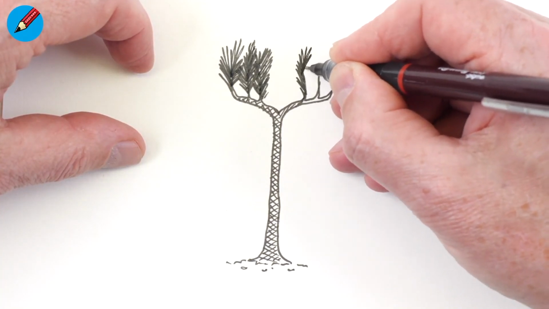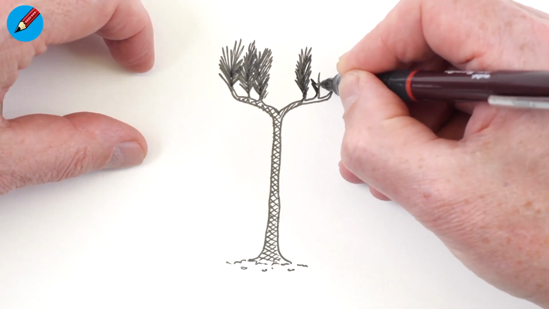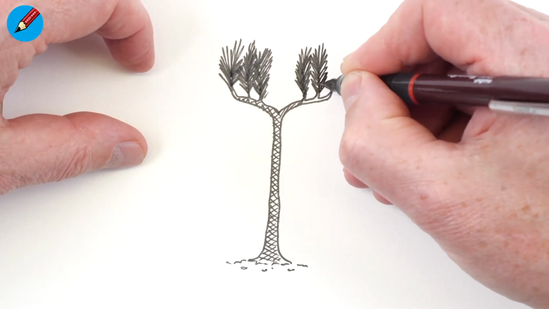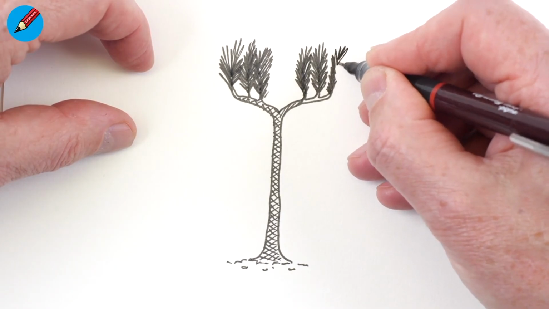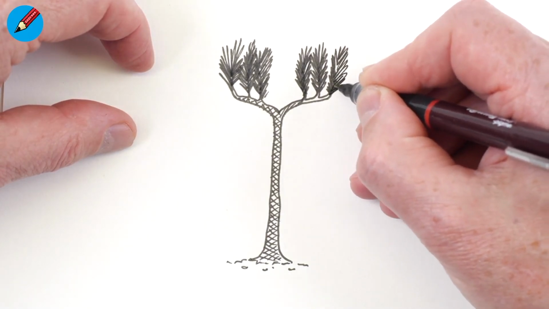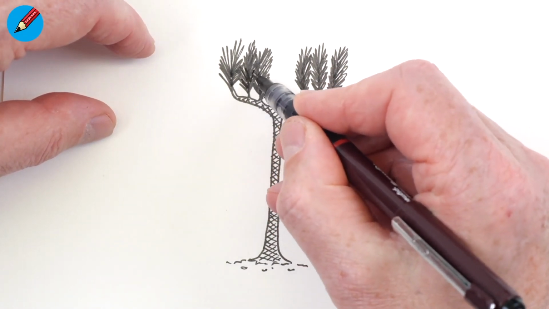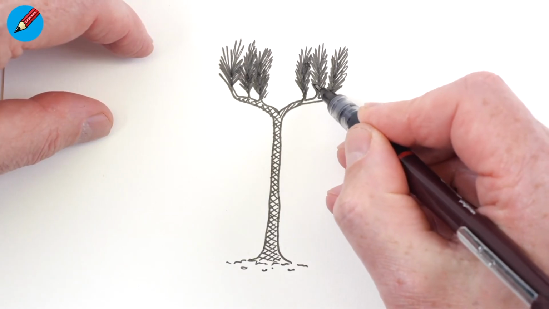And again, we're going to do the same here. So we're coming like that, we're coming up to the top and then around and then kind of back down in the other kind of direction. And we come up to the top, around and then back in the other direction. But it's all scribbling really, isn't it? And we can maybe tidy that up a bit in the middle there.